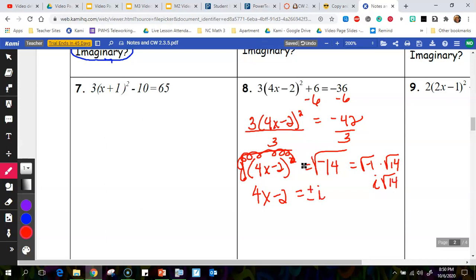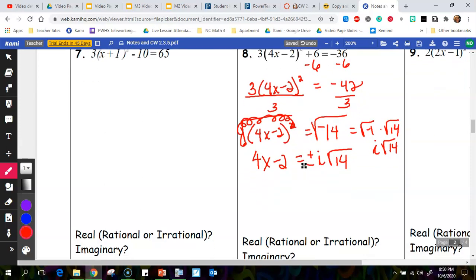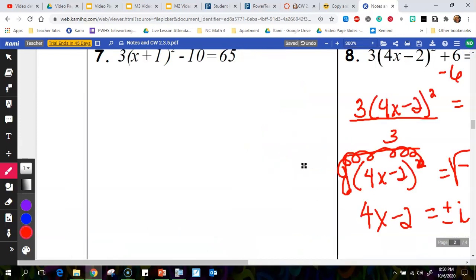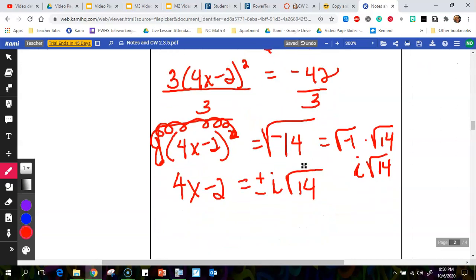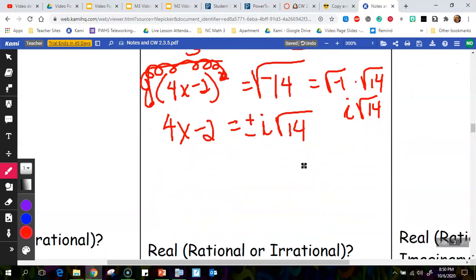Always do the positive or negative when you take the square root. I'm going to run out of room here. That works for me. That way I can write a lot smaller.